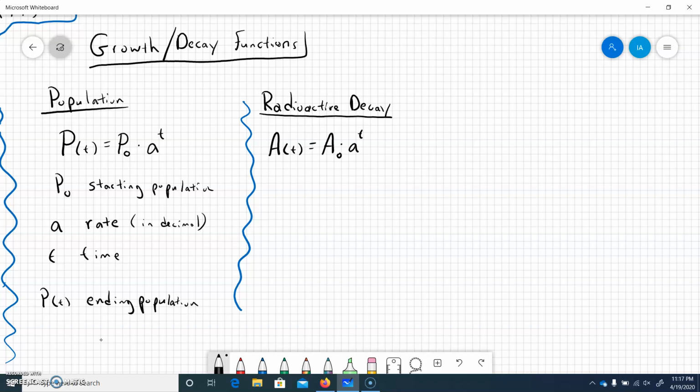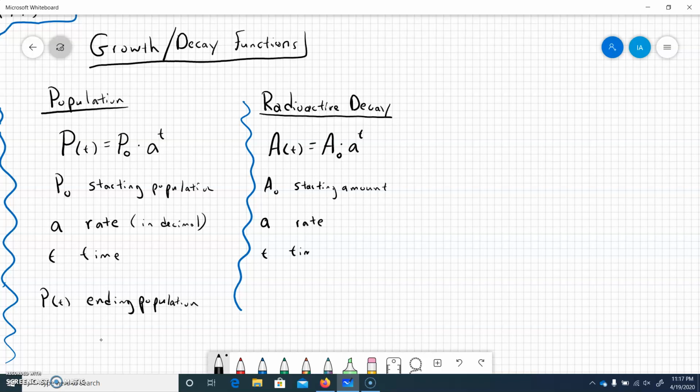So here, once again, we have a starting amount. So if we're talking about a radioactive material, we'd be talking about usually a starting weight. So grams, milligrams. We'd have a lowercase a, which again is a rate.